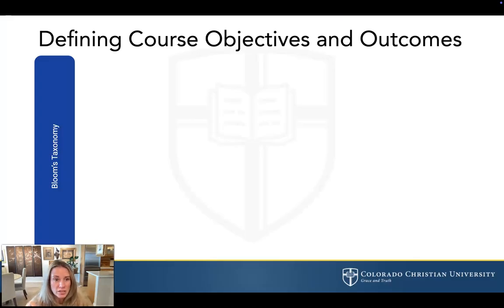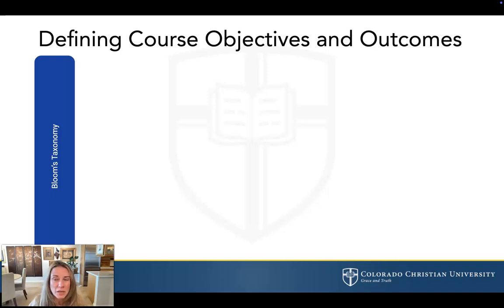Okay, so obviously when we're thinking about objectives and outcomes, we've got to start with Bloom's taxonomy, because we may have a vague idea of what we want our students to be able to accomplish, but as we think about that taxonomy, that hierarchy of abilities, when we're talking about knowledge that students take on and own, then we need to really consider those higher levels, especially because when we're talking about counselor ed, we're teaching master's students, maybe even at some point doctoral students, right?